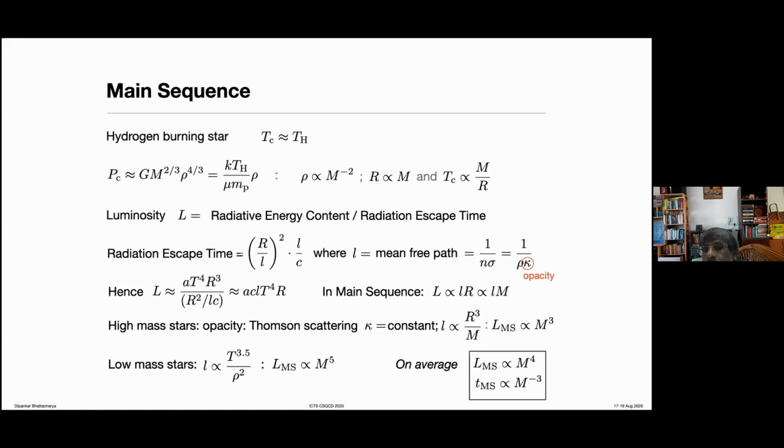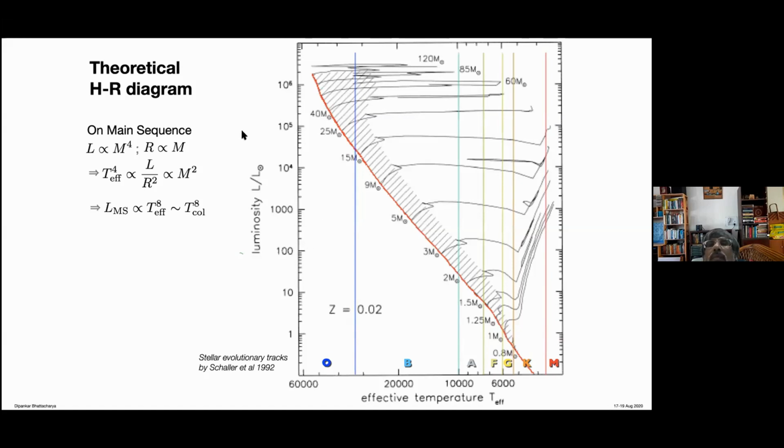So if we put that all together, then we have luminosity proportional to m to the power of 4, radius proportional to m, which gives you the surface temperature being proportional to m squared, and luminosity proportional to surface temperature to the power of some high power. And when you plot that, you will get a curve like this.